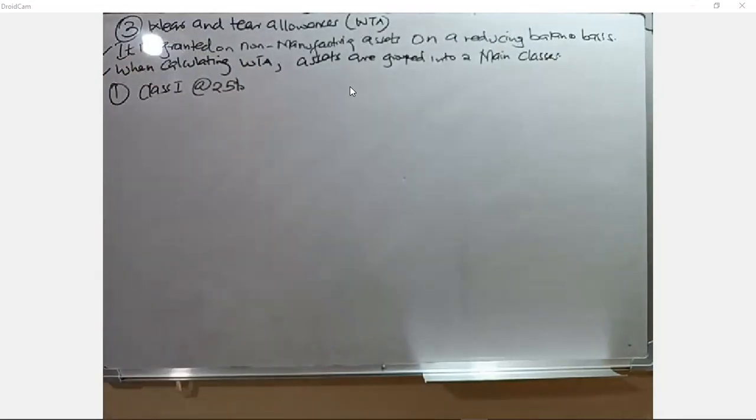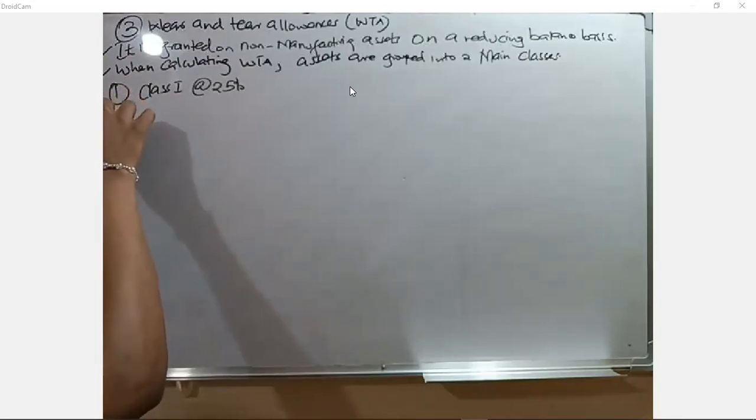But after the revision, during the COVID period, they revised the classes into 2. So we normally have only class 1 and class 2. Class 1 incorporates the whole structure which carried class 1 to class 3. It includes the assets that qualify for wear and tear class 1.